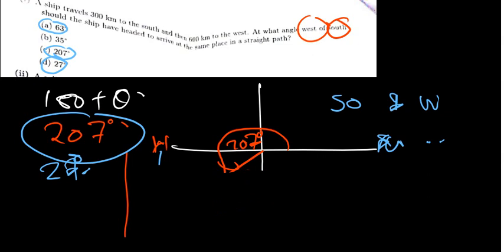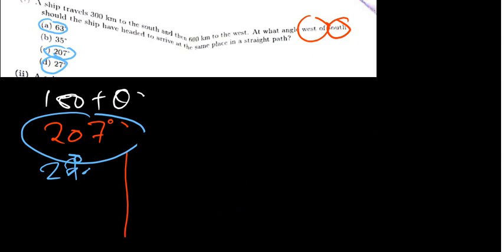Okay, you're okay with the 207, where it has come from? The question is saying at what angle west of south, meaning that the angle which they are looking for is near what?